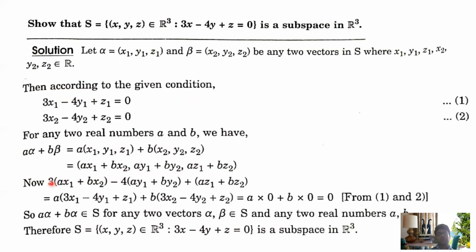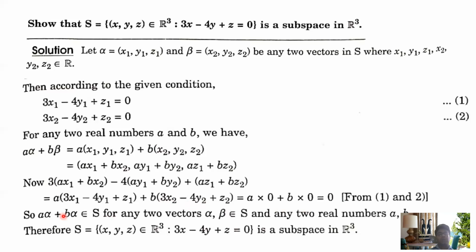Now you substitute here: 3 times a x1 plus b x2, minus 4 times a y1 plus b y2, plus a z1 plus b z2. If I take a common, what do we get? a into 3x1 minus 4y1 plus z1, plus b into 3x2 minus 4y2 plus z2, equals a into 0 plus b into 0. Why? Because from equation number 1, 3x1 minus 4y1 plus z1 equals 0, and 3x2 minus 4y2 plus z2 equals 0.